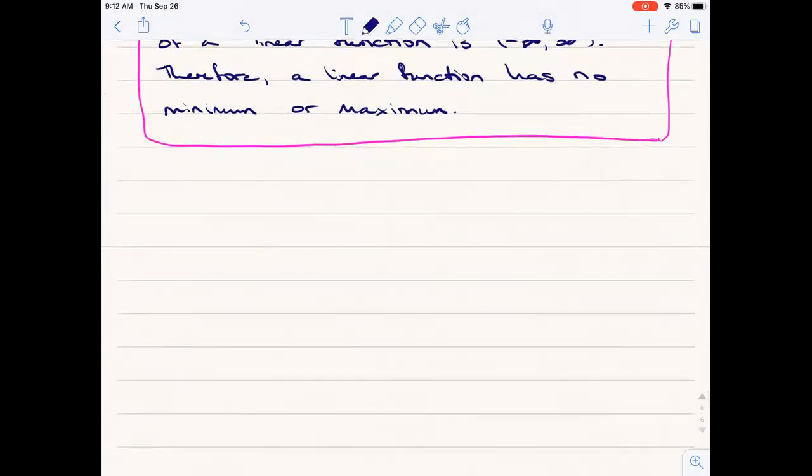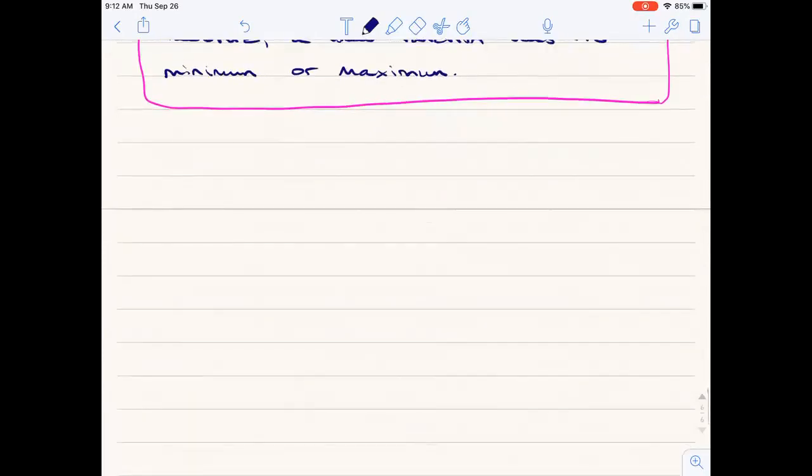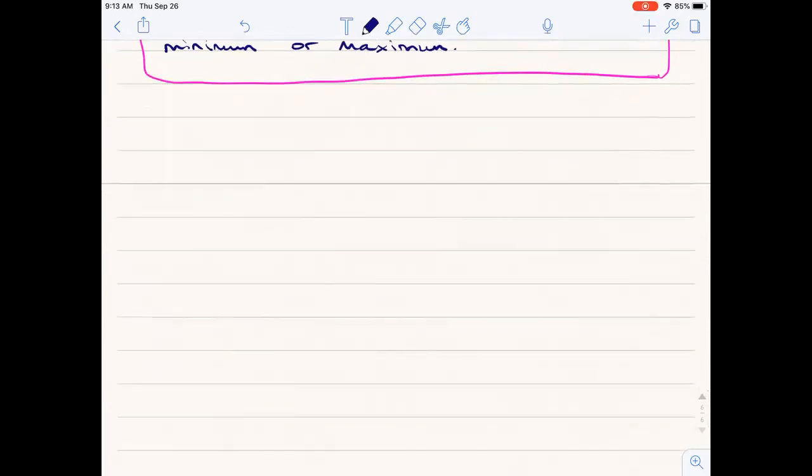So there's two ways that we can write a linear equation or a linear function. And so one is the point slope form and one is the slope intercept form. And so we've been looking at the slope intercept form, but if we want a more general case, then we can use the point slope form.